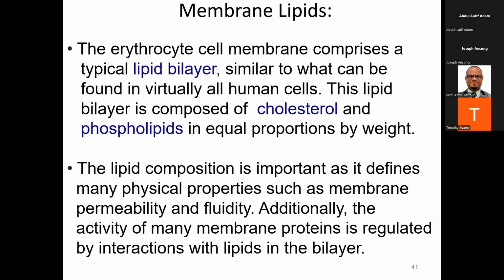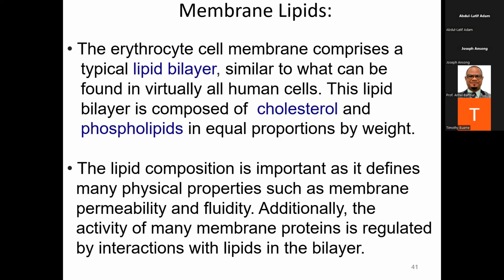The lipid composition is important because it defines many physical properties, such as how permeable and how fluid the membrane is. At some point I'll talk about the fluid mosaic model, which allows the red blood cell to change its shape so that if it gets into a tiny vessel such as the capillaries, it is still able to pass through.